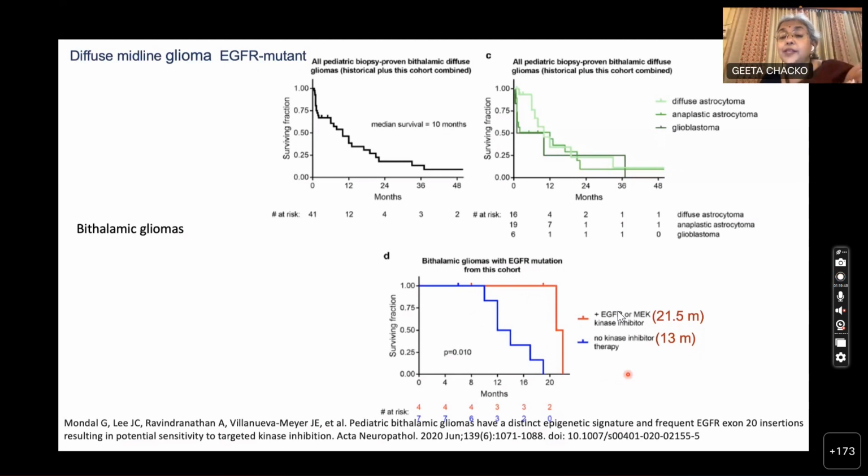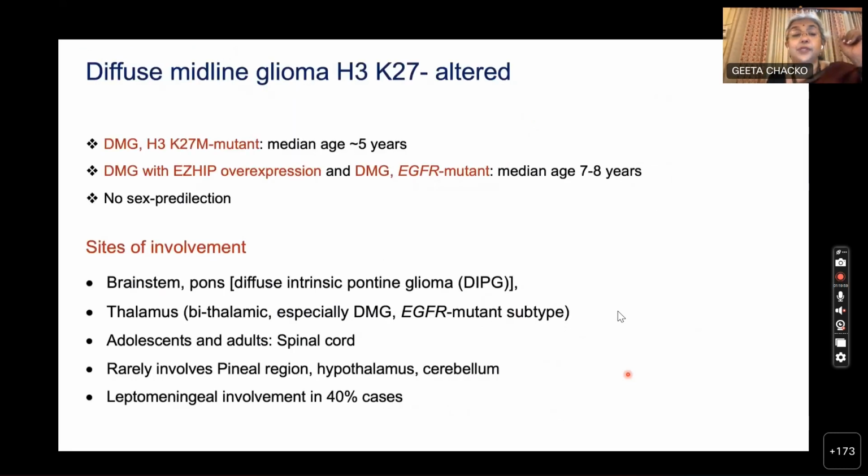If they are not K27 mutant but show the loss of trimethylation, look for EZIP overexpressed tumors, and if it's bithalamic, often they have EGFR mutations. So they generally occur in the pediatric age group. They can occur in the brainstem, thalamus, in children and adolescents, and spinal cord astrocytic tumors, astrocytic morphology tumors. You have to think of this particular entity, and you can diagnose it using the markers that we just mentioned.